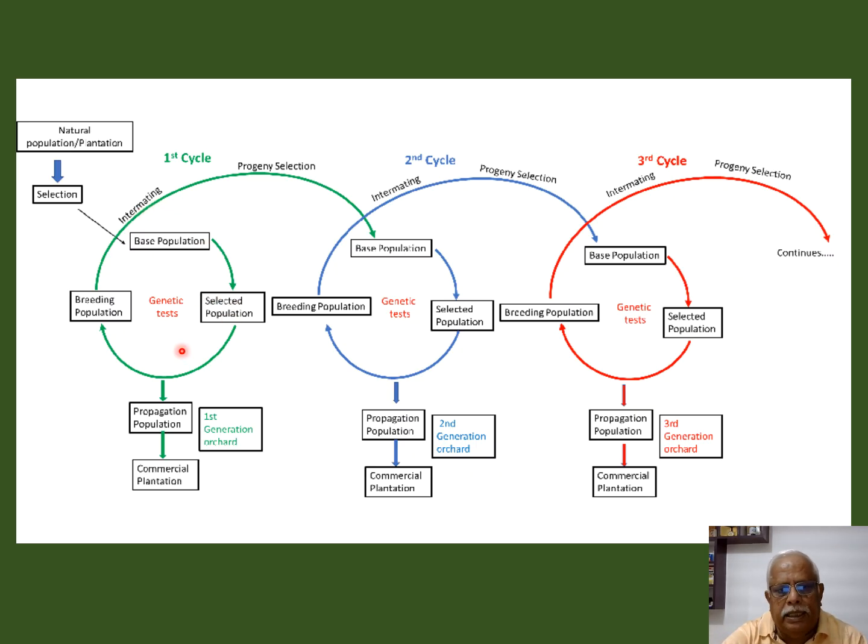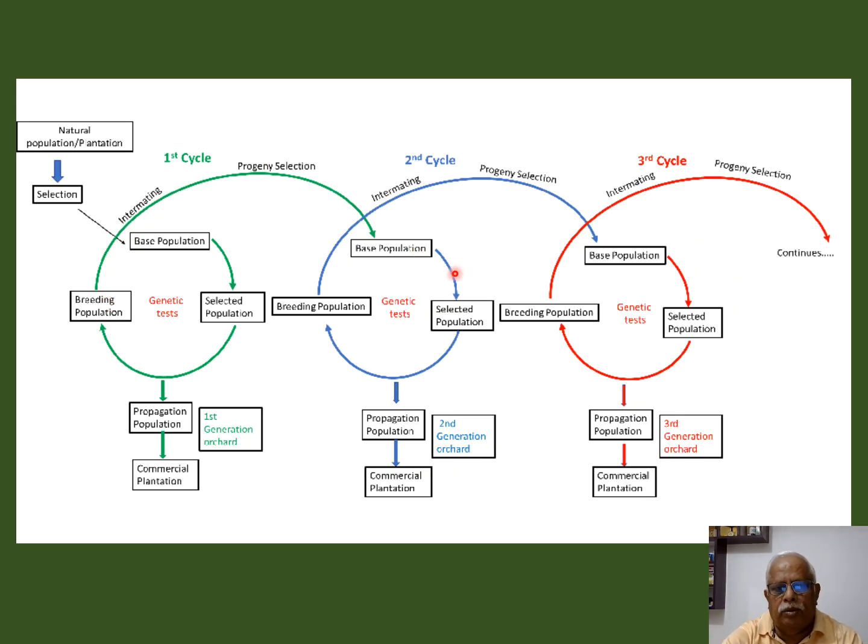And the seed orchard that we are establishing for commercial purpose, that is the propagation population, and we call it a first generation seed orchard. From the first generation breeding population, we will establish a second generation base population.